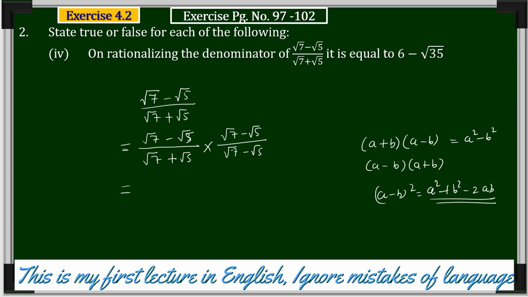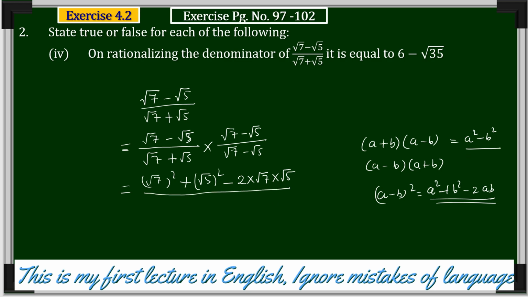So by using this formula, you can multiply the numerator: square root 7 whole squared plus square root 5 whole squared minus 2 multiplied by root 7 multiplied by root 5. Okay, 2ab.